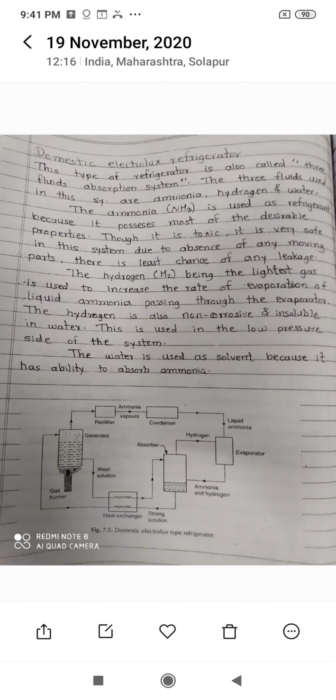During this evaporation, the ammonia absorbs heat from the space and produces the cooling effect or refrigeration effect in the evaporator. So in the evaporator there is hydrogen. The mixture of ammonia and hydrogen passes to the absorber, where the water absorbs the ammonia because water has the maximum tendency to absorb ammonia, and hydrogen returns to the evaporator.